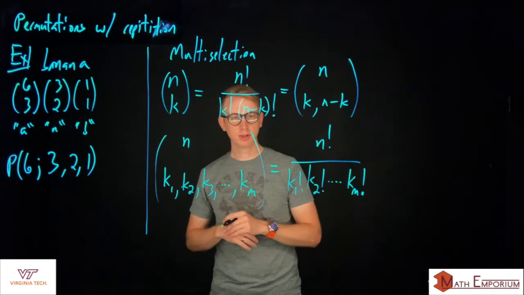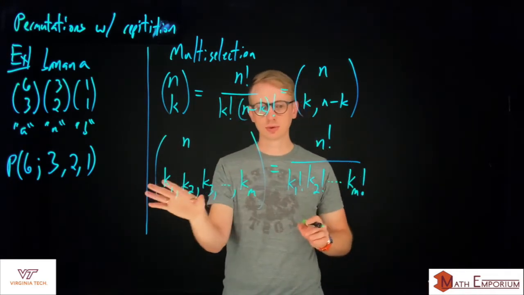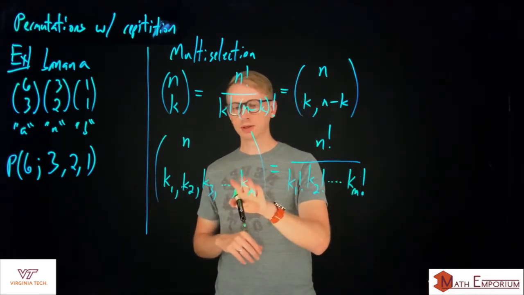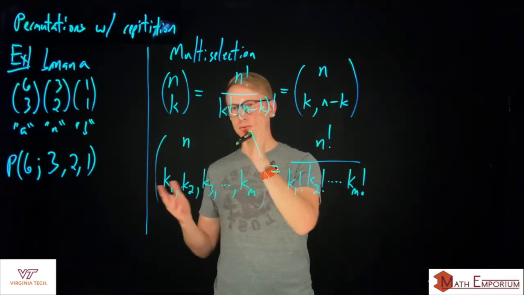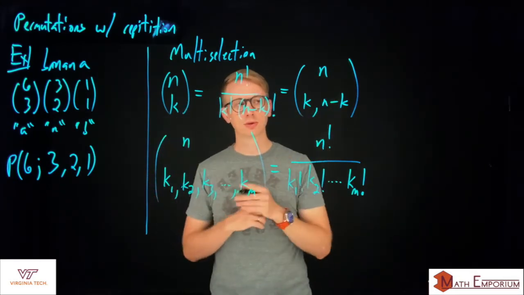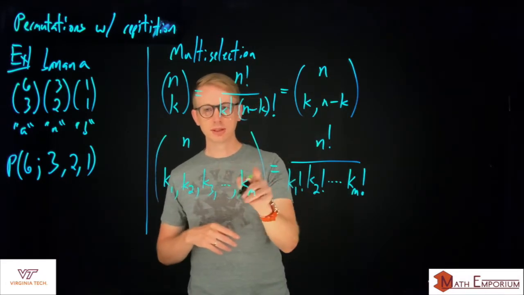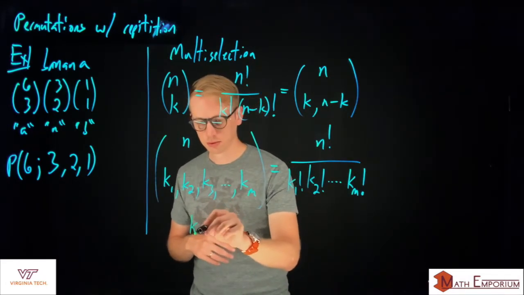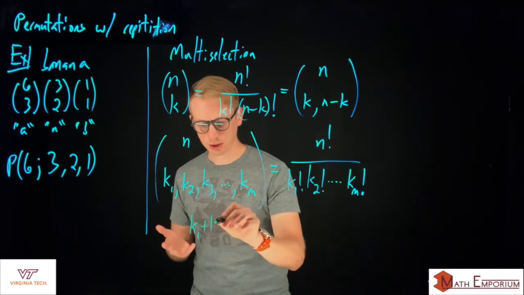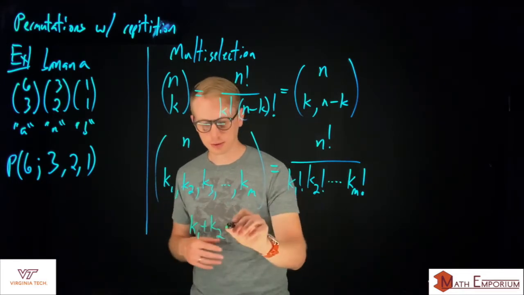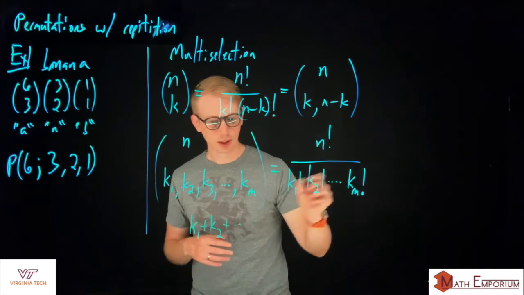Now, there's something incredibly important when you start writing out this multi-selection stuff, and that is once you go beyond one group, which is intrinsically 2 groups, these bottom numbers need to add up to be n. Otherwise, you've left some stuff out, and there's an extra group hanging out that you need to include in this calculation.